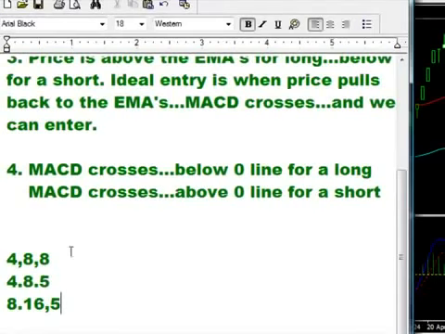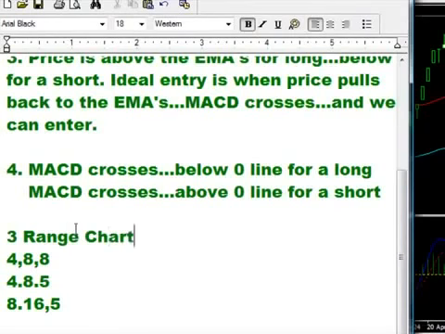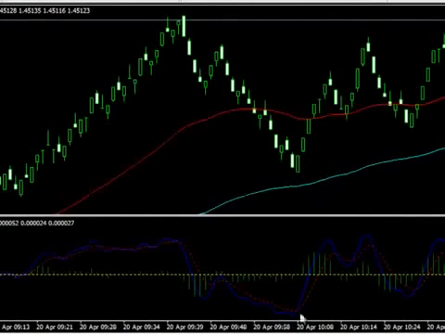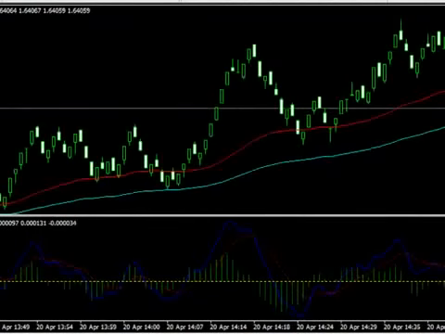Okay, so that's pretty much it. Put this as a 3 range chart that we've been looking at. All these charts that we were looking at were 3 range charts. The only thing different was the MACD was a little different for each one. But you can see they all gave some winning trades, even with the different MACD.